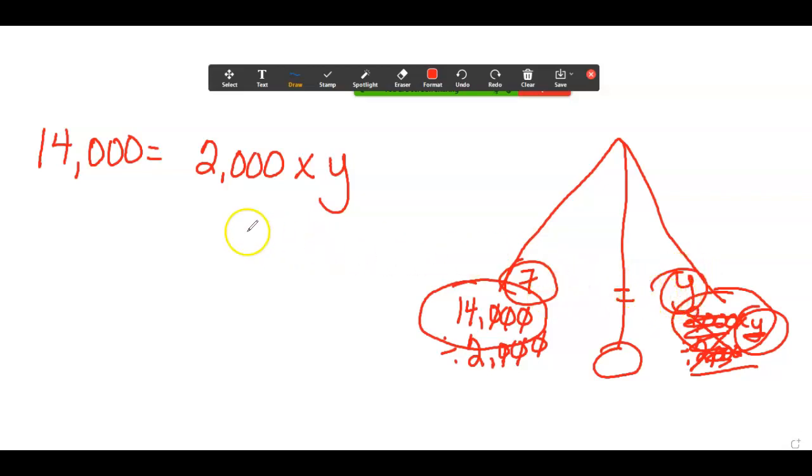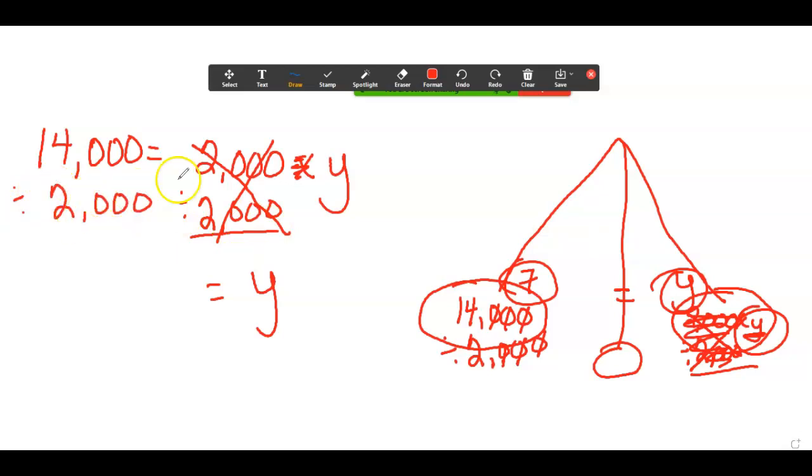Okay, so again, let me show you what that looks like over here. So the opposite of multiplication is division, and I'm taking away 2,000. Remember, this is a multiplication sign. So now I'm left with y. If I do it on this side, I must do it on this side. And I'm going to get rid of some zeros because I can match them up.